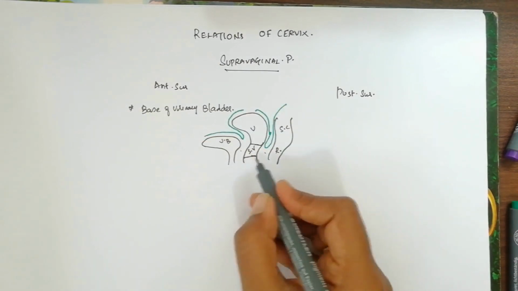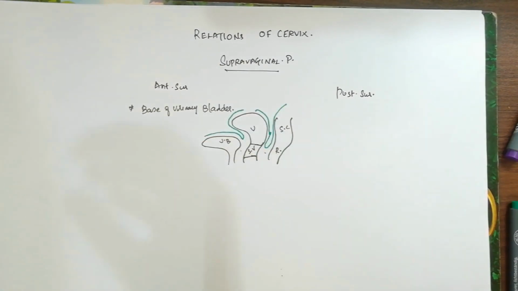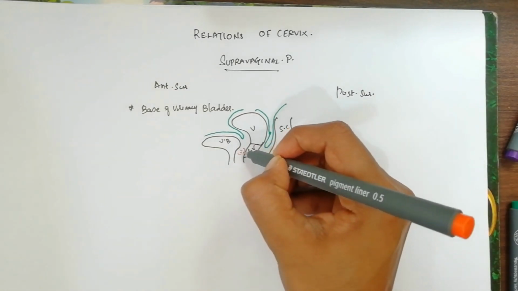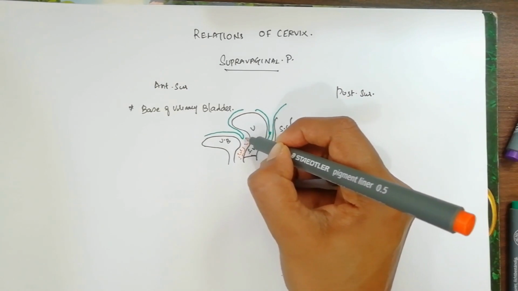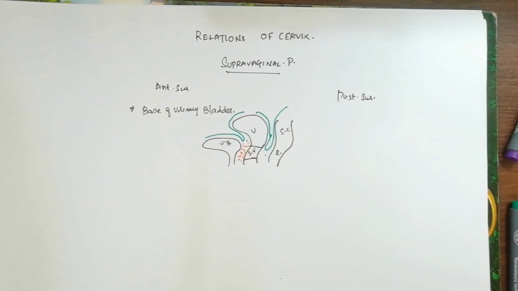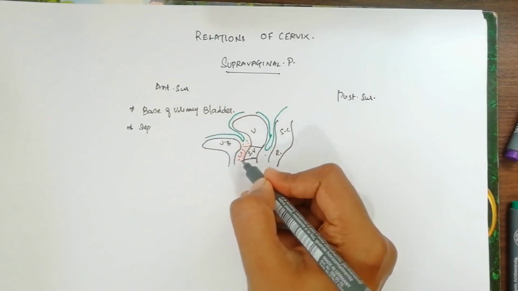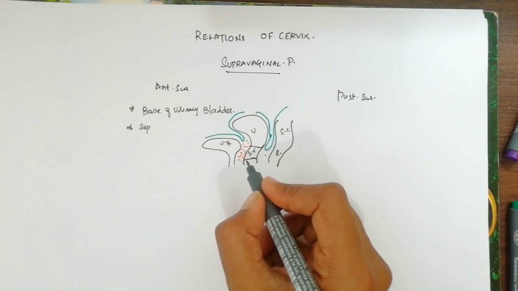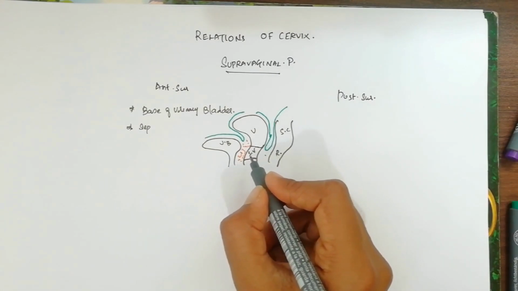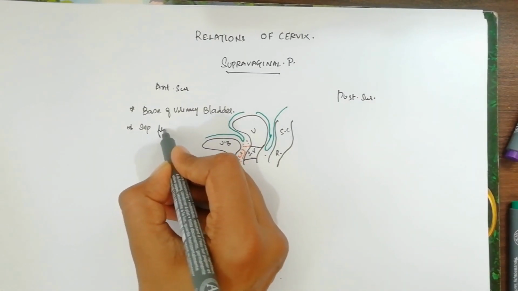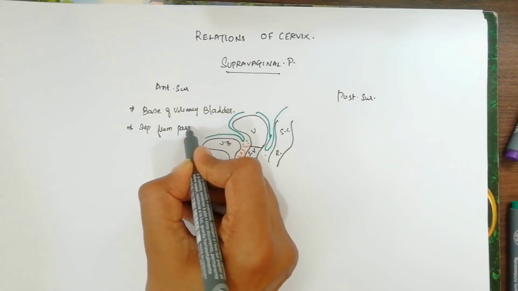Along with this, some tissue will be seen between the urinary bladder and the supravaginal part, and that tissue is called parametric tissue. The urinary bladder is separated from the supravaginal part by parametric tissue.